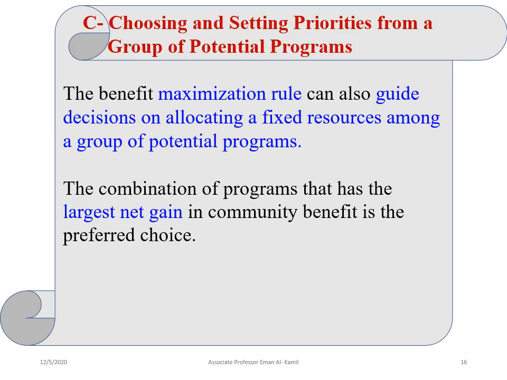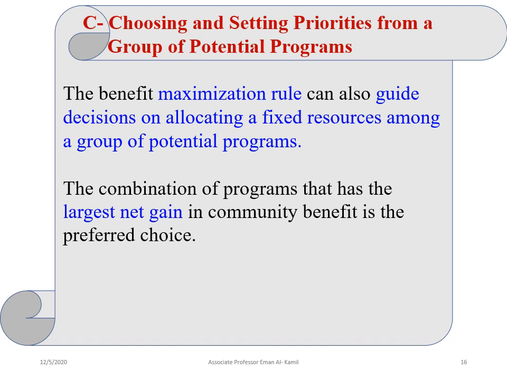Choosing and setting priorities from a group of potential programs. If we have, for example, more than two options, in this case we will do prioritization also according to the cost benefit analysis. So if we have a group of programs, we will do prioritization according to the calculation of the cost benefit analysis.